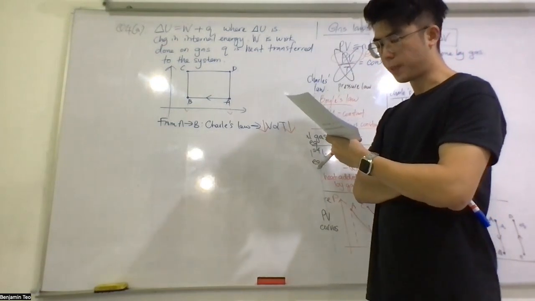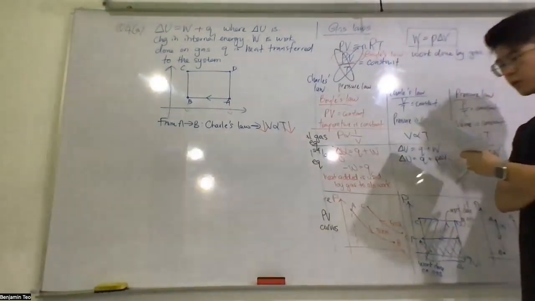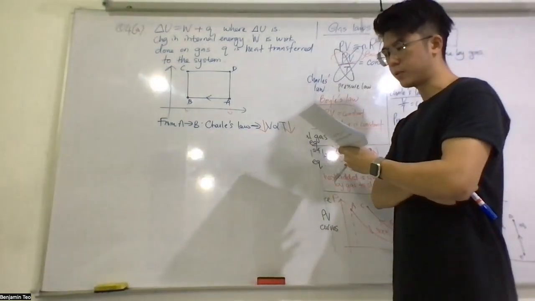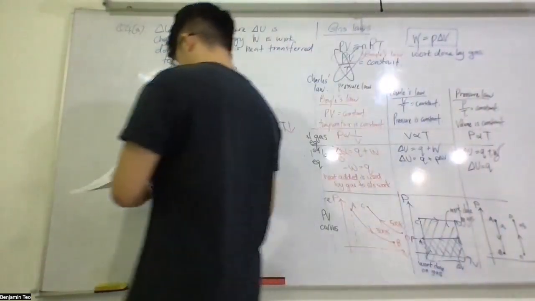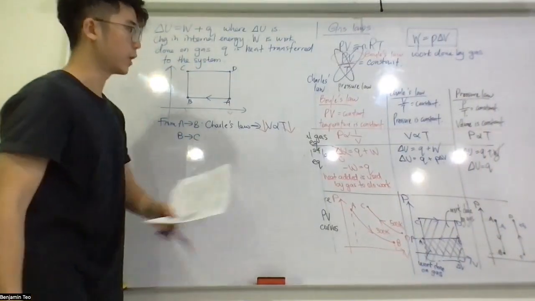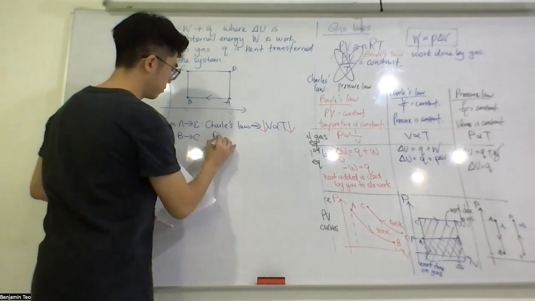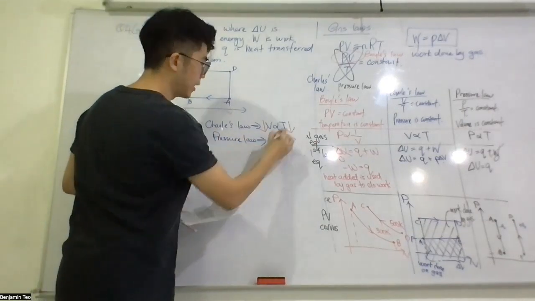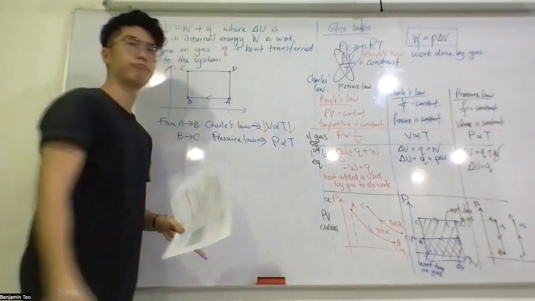Okay, B to C. B to C is constant volume. What is the change in internal energy? From B to C, that one is the pressure law. Look at the relation: P is proportional to temperature.